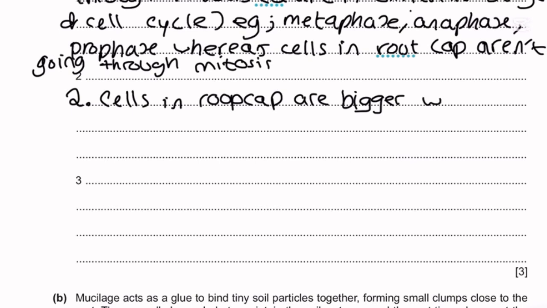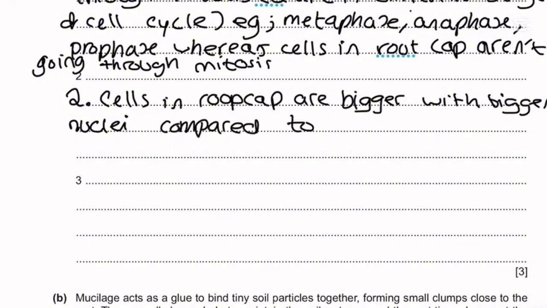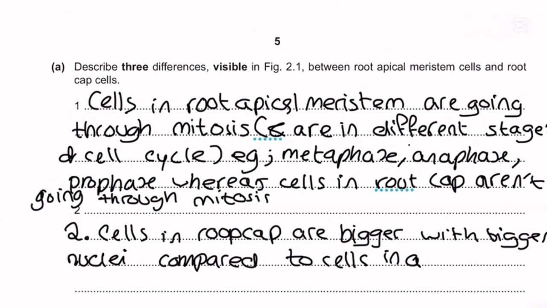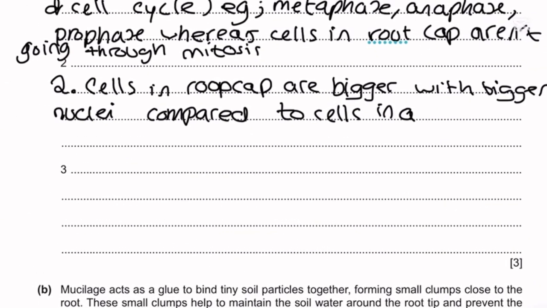Okay. So cells in root cap are bigger with bigger nuclei compared to cells in the apical meristem, in the root apical meristem.